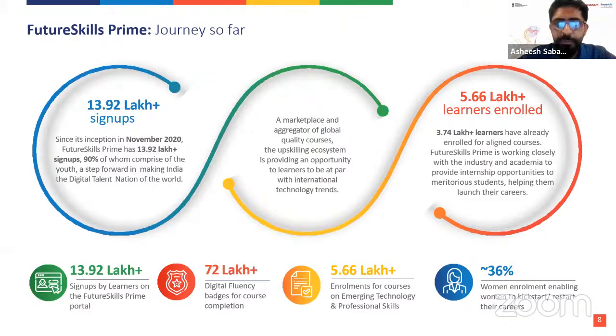And there are about 3.75 lakh learners who have already enrolled for courses which are aligned, right? By aligned, I mean that we also take the effort to make sure that the content that we put up there talks to the National Occupational Standards, which are created along with us by the industry. So you can rest assured that the courses that you consume are actually required by the industry and the industry endorses them. Next slide, please.